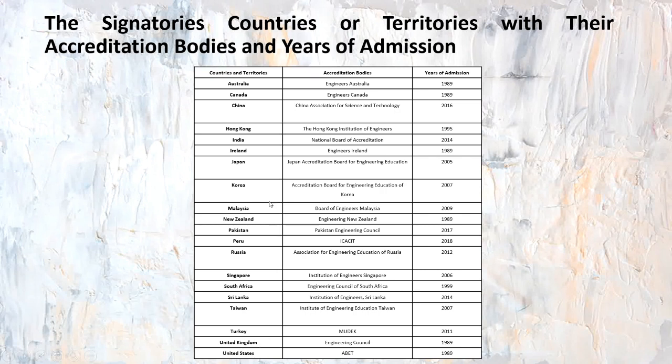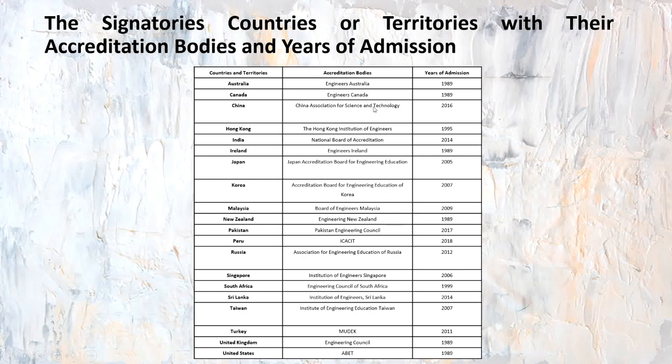Malaysia is one of the signatory members and the year of admission was 2009. For Malaysia, the accreditation body is named the Board of Engineers Malaysia.